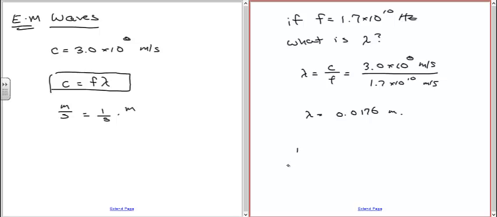Okay. The other case is if the wavelength is 5.7 meters. What is the frequency? So solve for f. In this case, f is c divided by lambda.